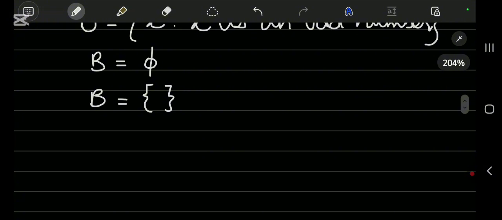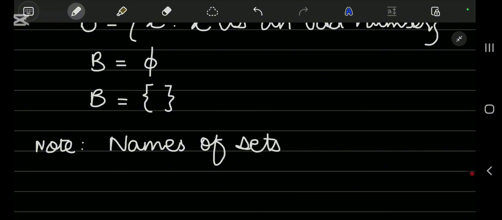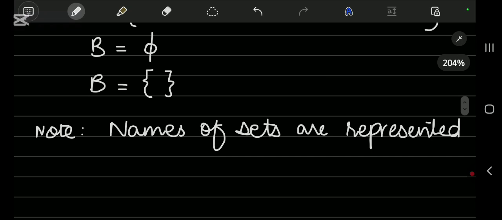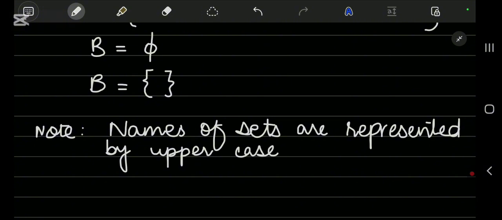Before going to that, let's take a note, and it says that names of sets are represented by uppercase letters, and your elements of sets will be written by lowercase letters.